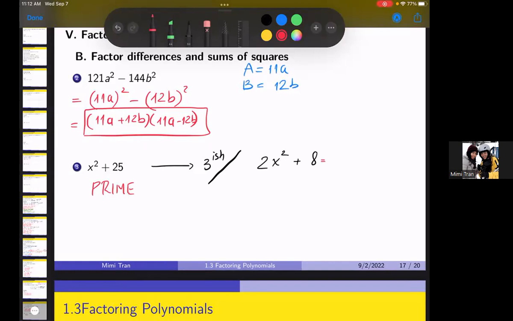No. What do I have to do first? Yeah, I gotta factor out the GCF. Remember, GCF always comes first. So I factor out 2, and then I get x squared plus 4. Now this guy is prime, right? Now 2 times prime, so that's prime. And then you're done. Actually, you don't have to say anything. All you have to do is box your answer. Then I know that you're done.